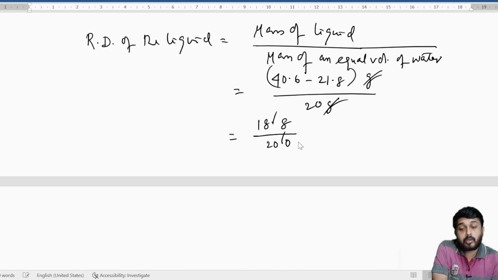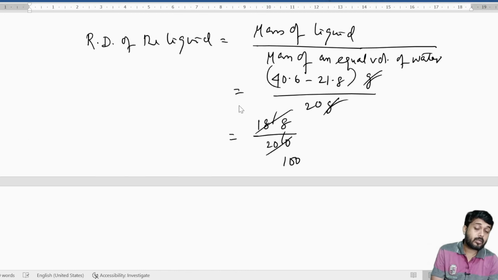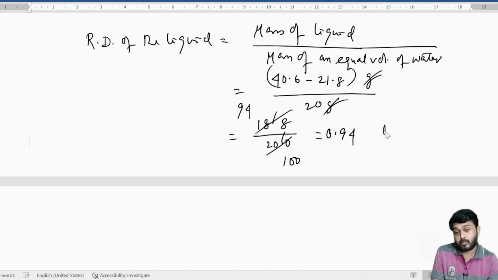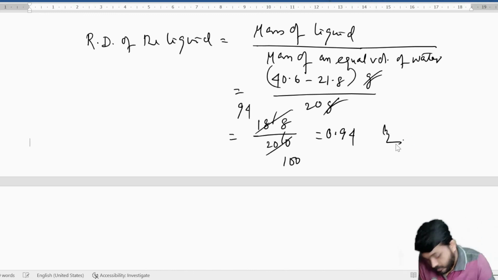If we get rid of the points, 188 divided by 200. We cancel out with 2, 100 here, 94. So it is 0.94 as the answer is coming. 0.94. Yes, that is the answer.